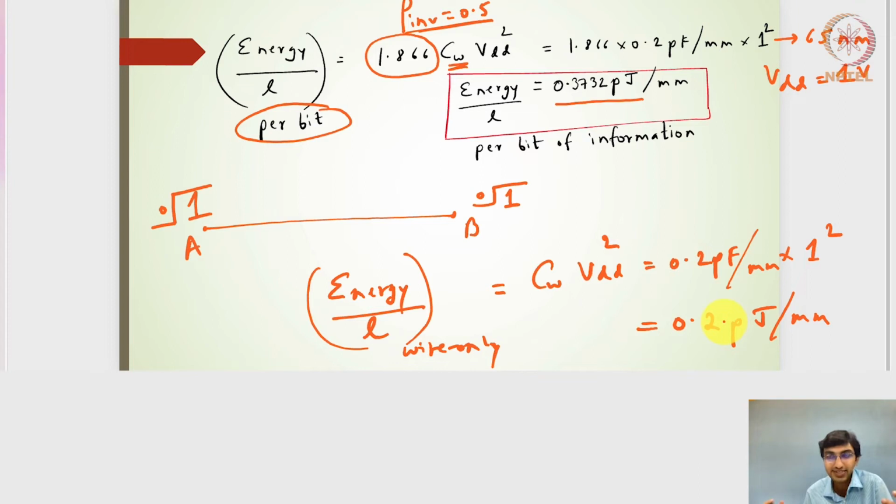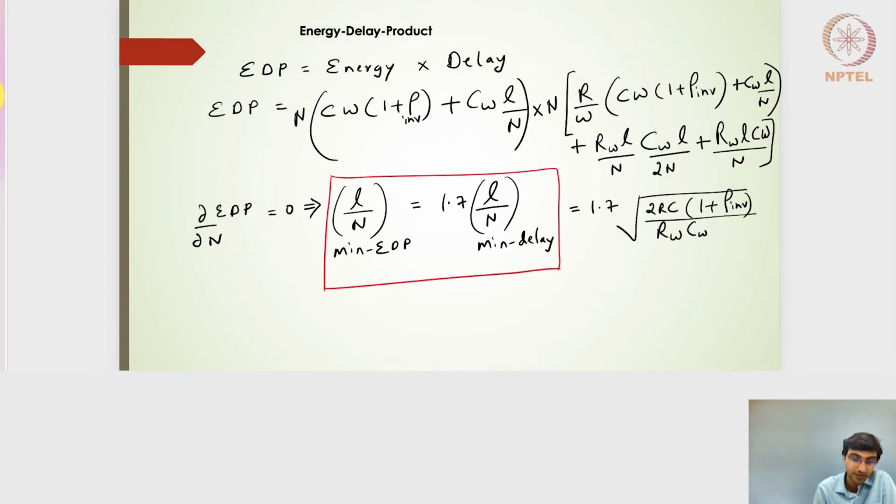So one has to realize that to improve the delay, the energy is compromised. What we saw earlier was an example for a long wire: to get the optimized design with very little delay, we compromise on the energy, giving 86% more energy.